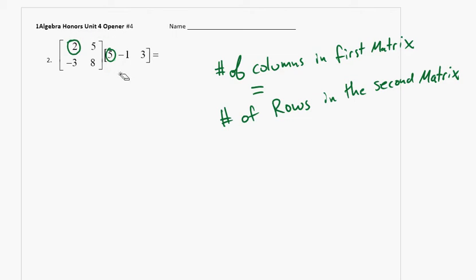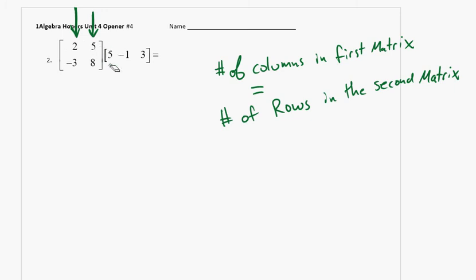But let's think about it. The reason this works is as follows. Our first matrix has two columns, 1 and 2. In other words, each row of the matrix has two entries in it.